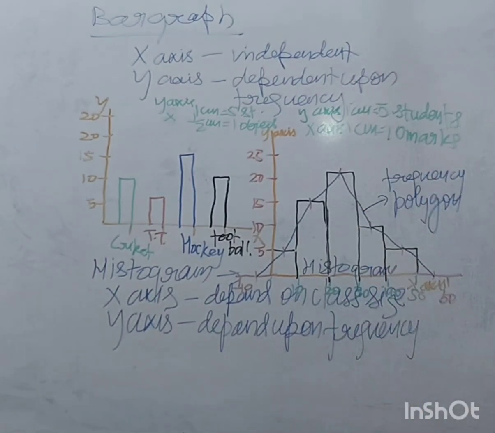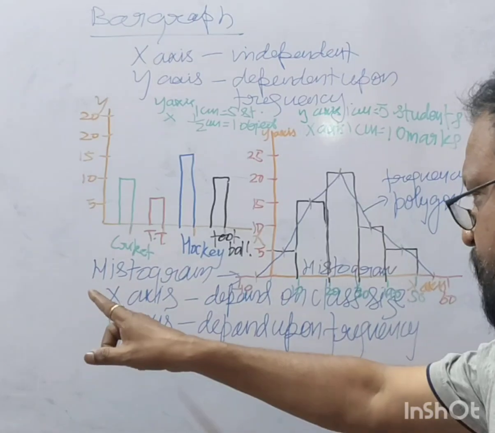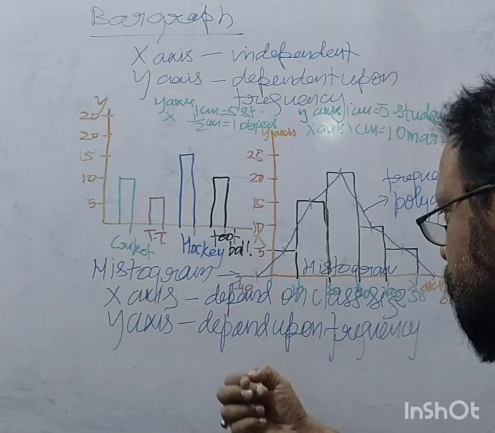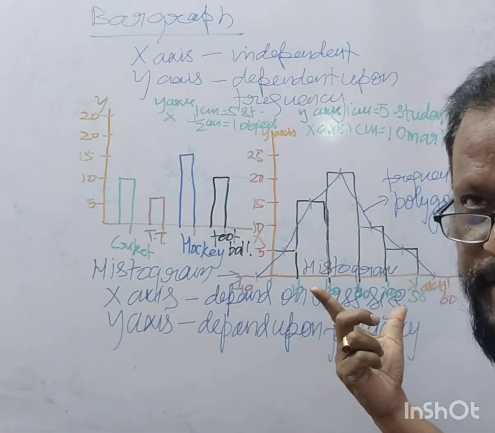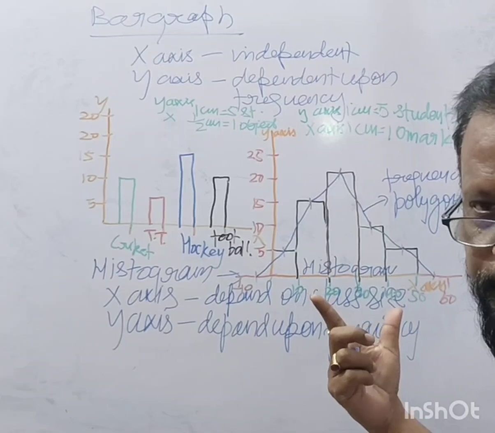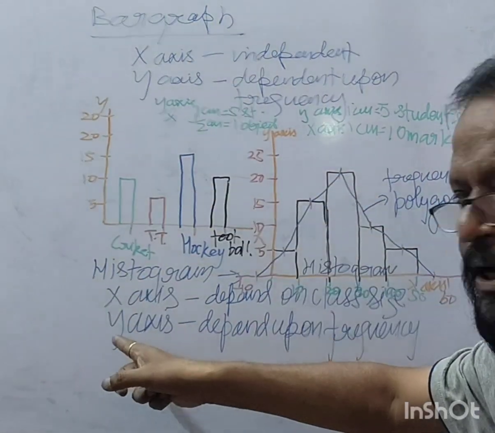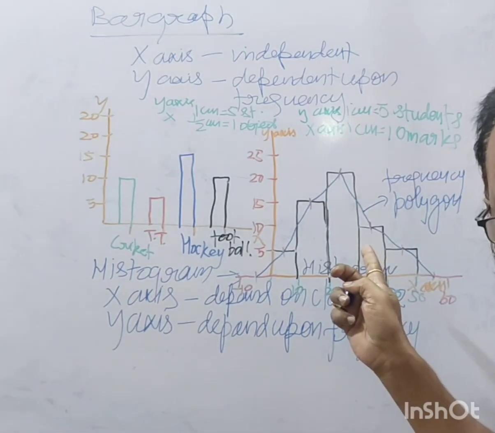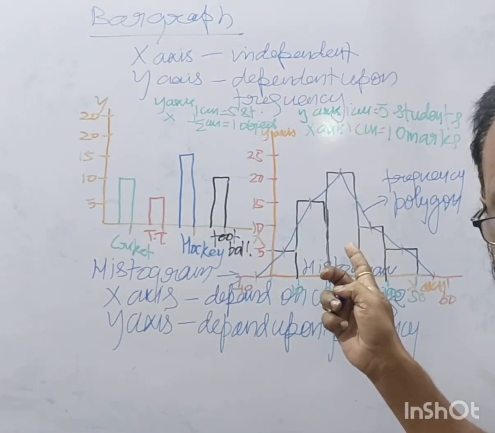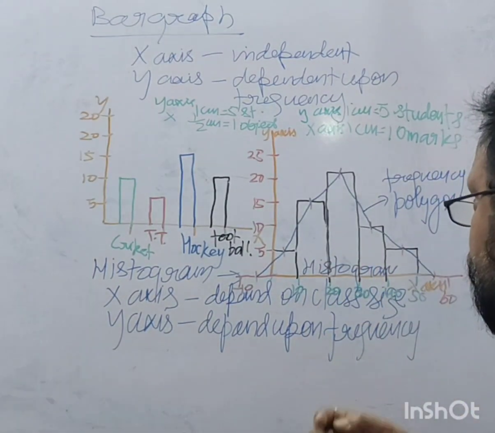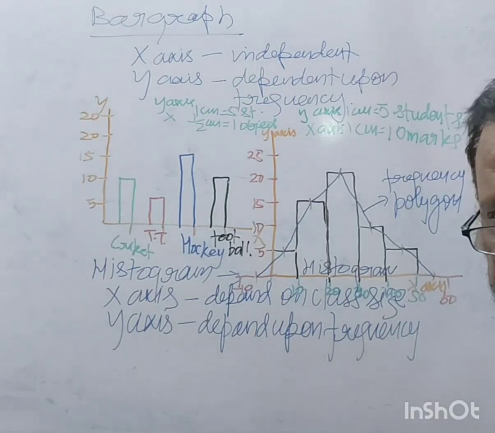You get it? So we can make the frequency polygon and histogram like this. Right? So that is the bar graph, histogram, and frequency polygon. I hope you understand.